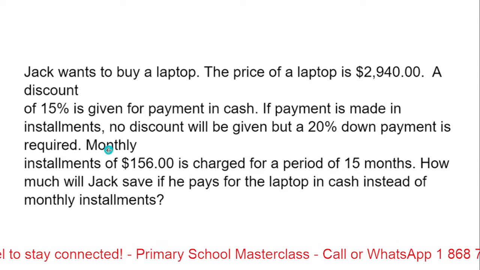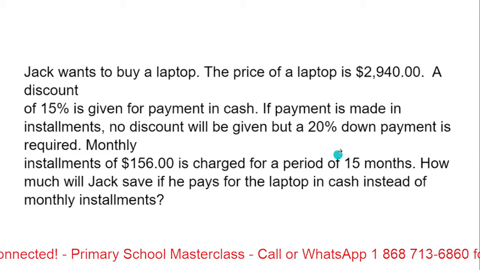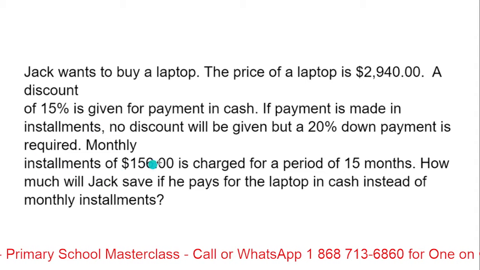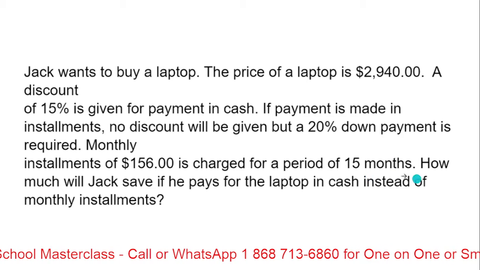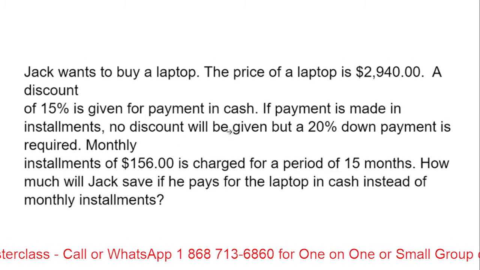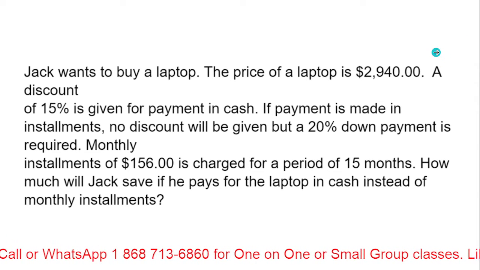Monthly installments of $156 is charged for a period of 15 months. How much will Jack save if he pays for the laptop in cash instead of monthly installments? Okay, so now we read it twice, we have a better idea of what's going on here.